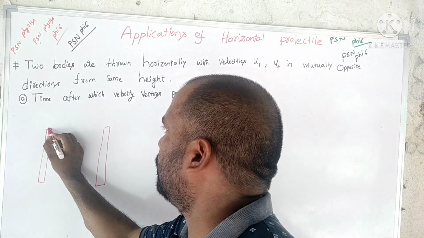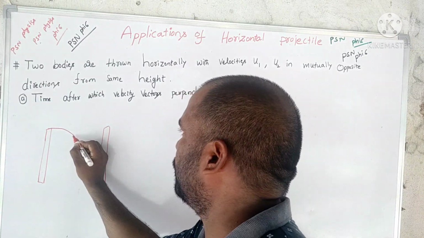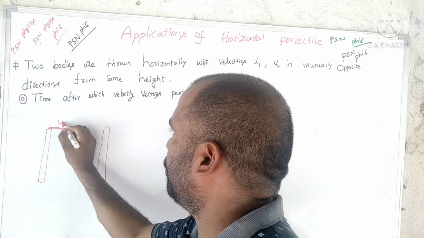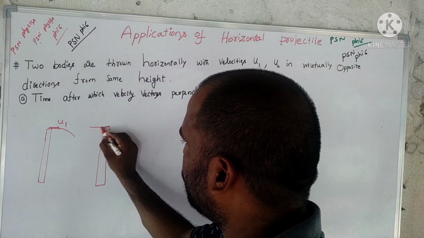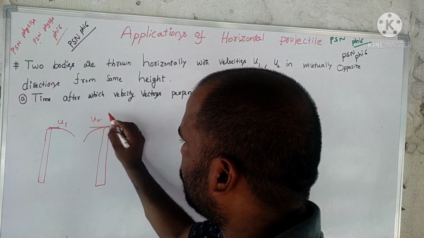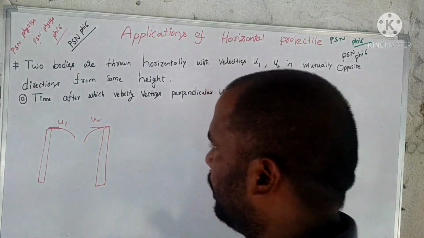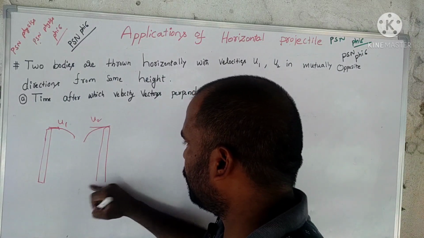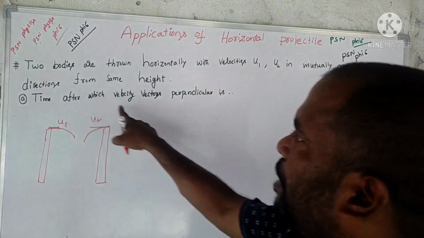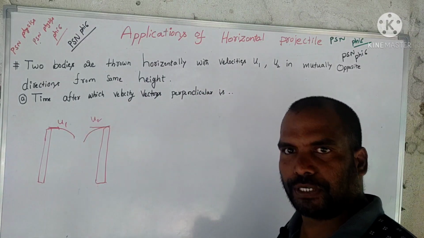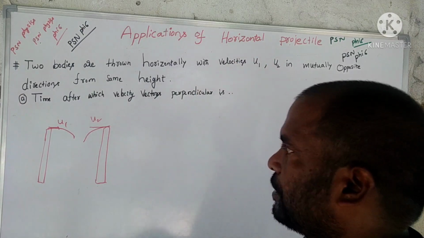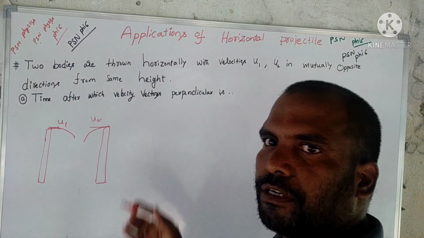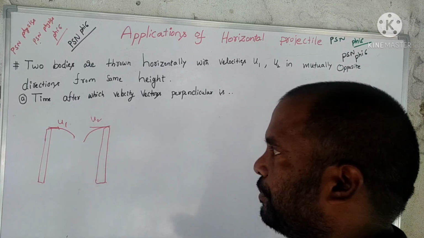From the first tower, an object we are throwing with a velocity u1. From the second tower, another object is thrown with velocity u2. Like this, they are coming. If you take the first tower as positive, the second tower is negative.